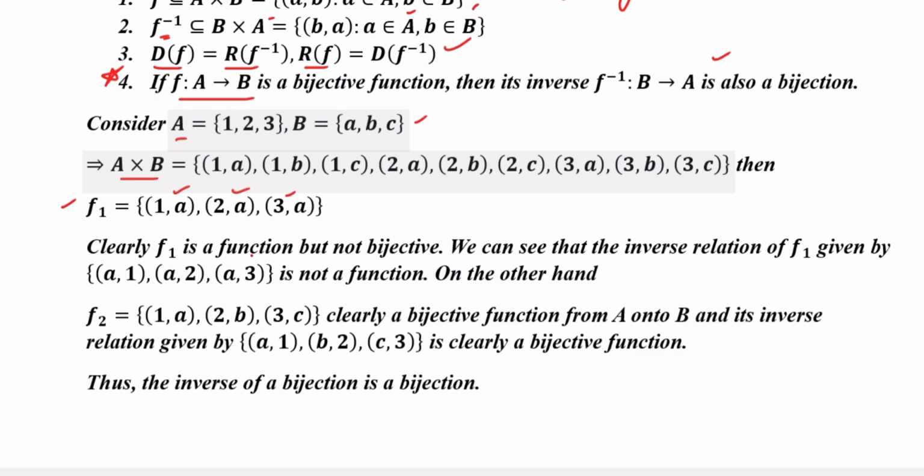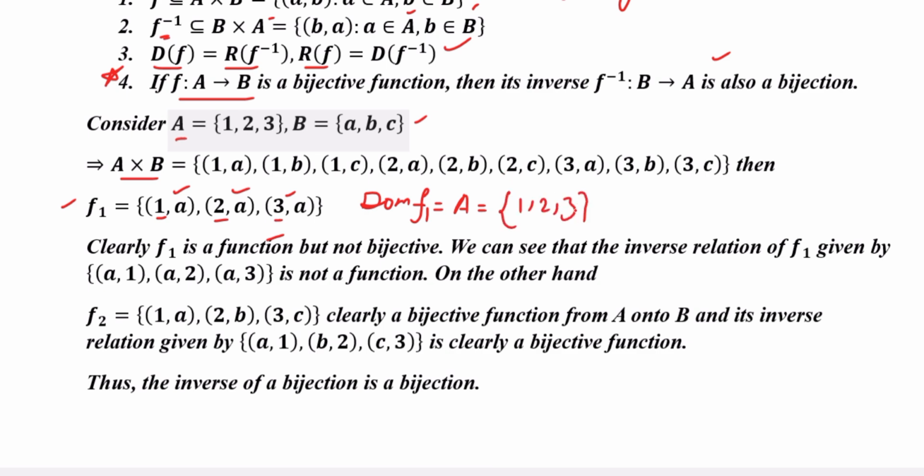Clearly F1 is a function. From the set theory, you know, F1 is called a function if it satisfies these two axioms. The domain of F1 should be equal to the first set. What is the domain? Domain is the set consisting of the first elements of each ordered pair, which are 1, 2, 3.